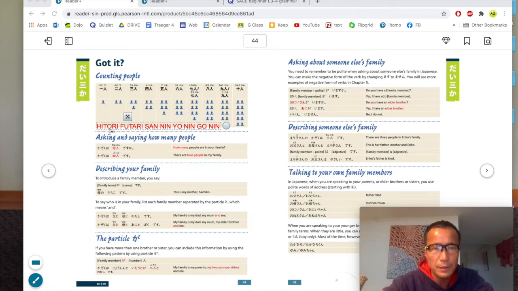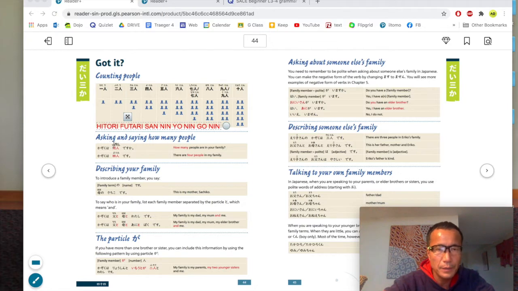But the first ones, 1人 and 2人, are a bit of an exception. I hope this is not too bad for you. Obviously, it goes to 6人、7人、8人、9人、10人. Okay, so that's not too bad.